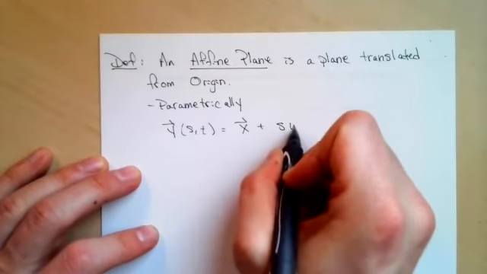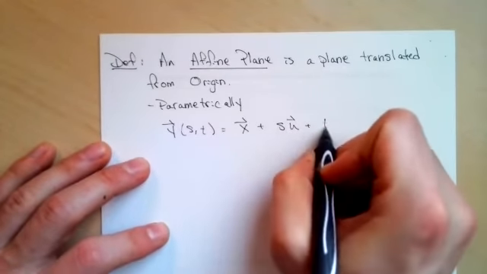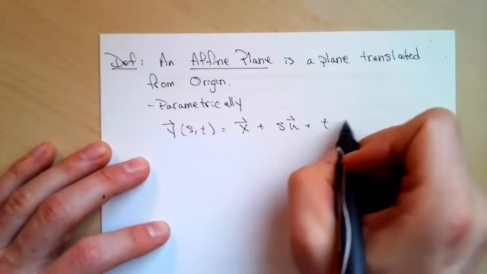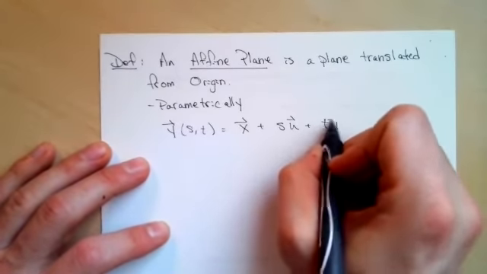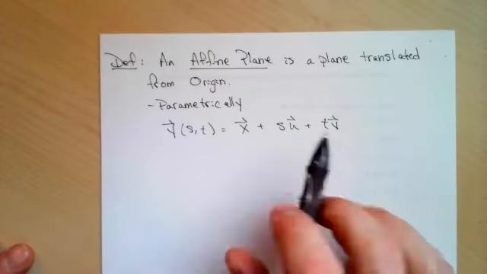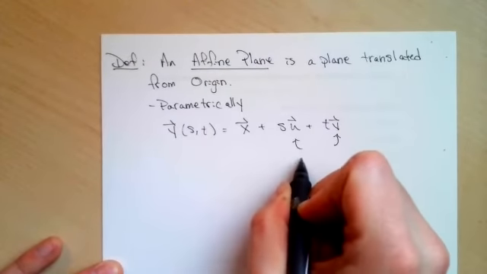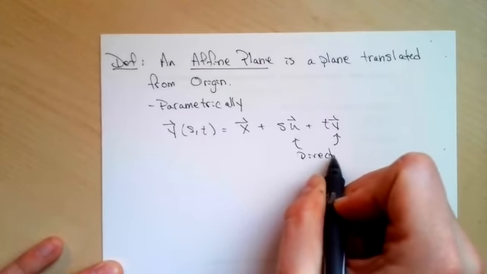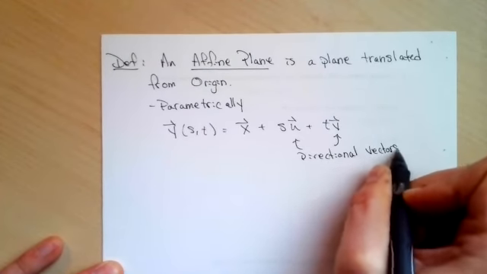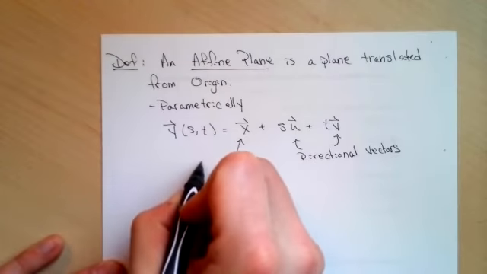And then from that point, we can walk in 2 directions, either in however many copies of u, or we can walk in however many copies of v, or any combination of those 2. So again, we have 2 directional vectors. And then this, think of it as like a positional vector or a starting vector.